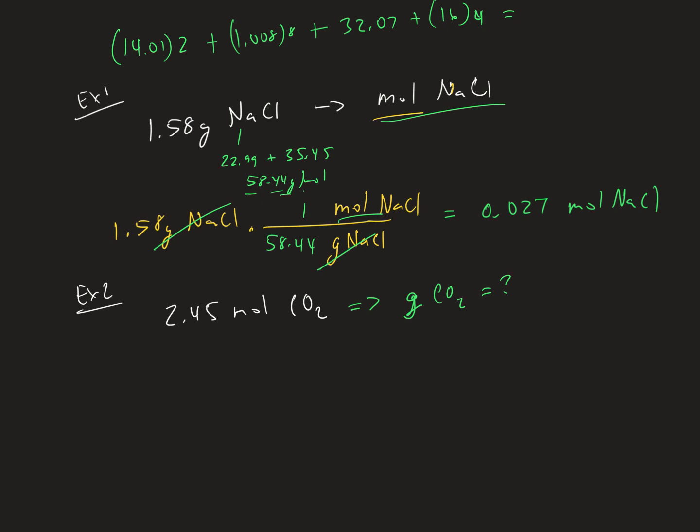Yeah, we can find the molar mass first. Carbon is 12.01, plus there's 2 oxygens, 16 apiece. So that's 44.01 grams per mole.